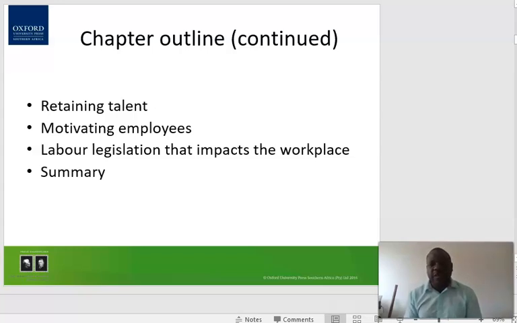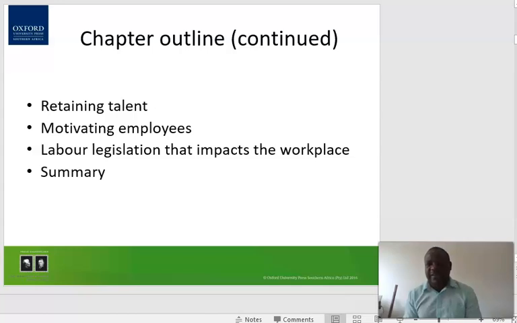We will also look at motivating employees. What motivates them? How do we motivate them? And in this case, we will also take you back to the theory that you looked at in Chapter 1, which was Maslow's hierarchy of needs. We will then look at the labor legislation that has an impact at the workplace. So I understand this is also a tutorial task, the labor legislative acts that have an impact at the workplace.